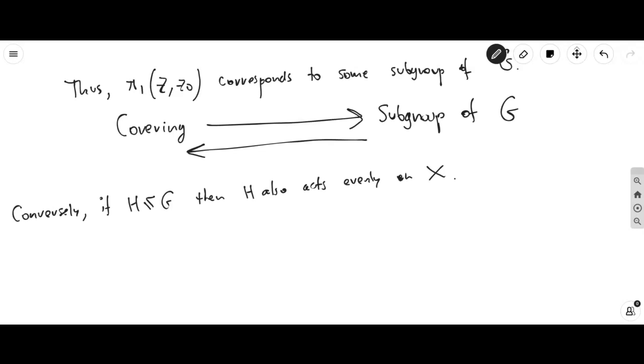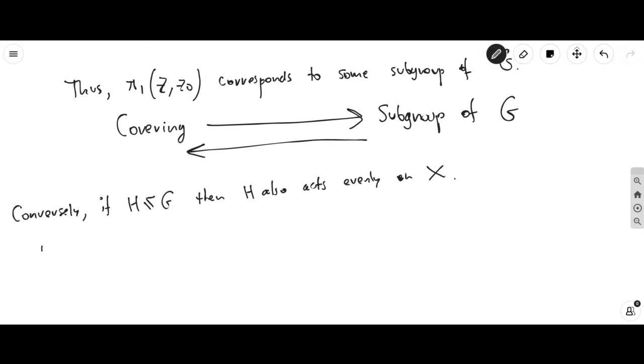That should be like a one or two liner. What does it mean to act evenly? It basically means that if there's a small enough open set that if you move it around using the translates of G, they do not overlap. Well, if you move them around using the translates of H, there's even fewer of them, so they certainly do not overlap.